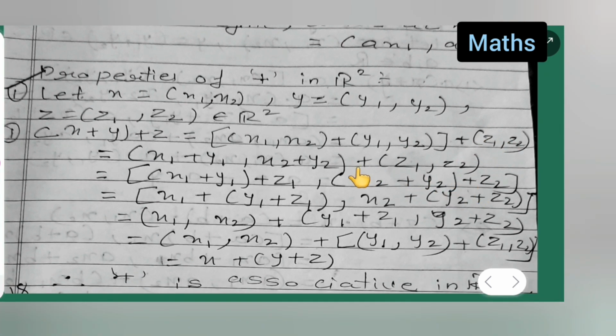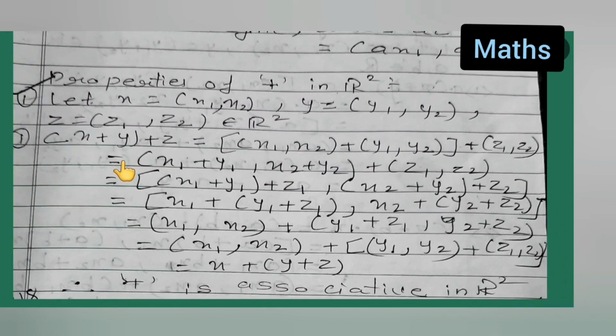Now we have opened the brackets. So now this is equal to what? We have opened the bracket. Now x1 plus y1, plus this z1 we will do, comma x2 plus y2 plus z2, over here.